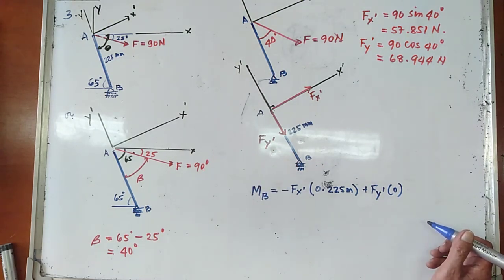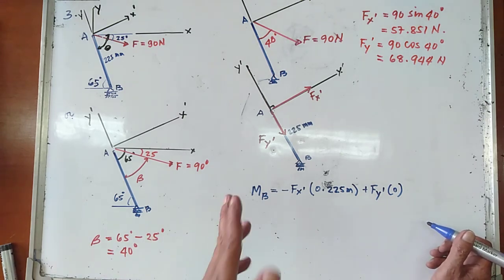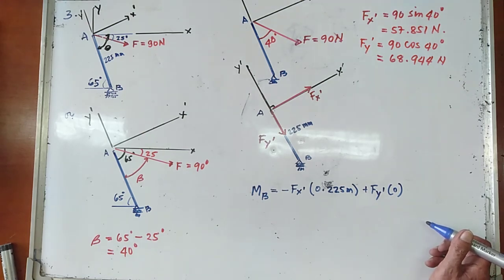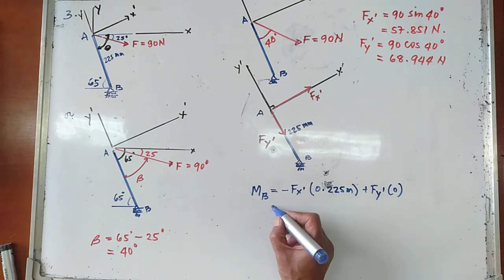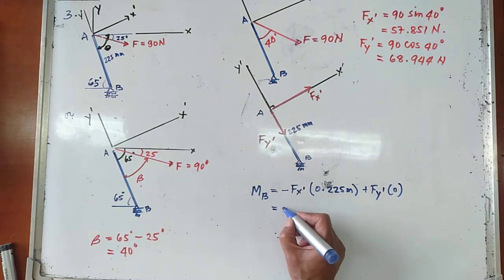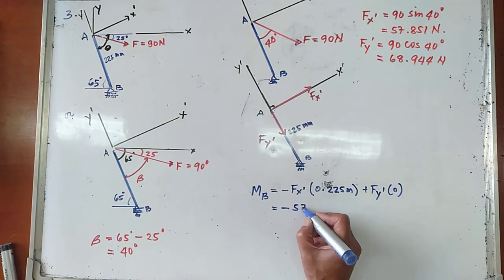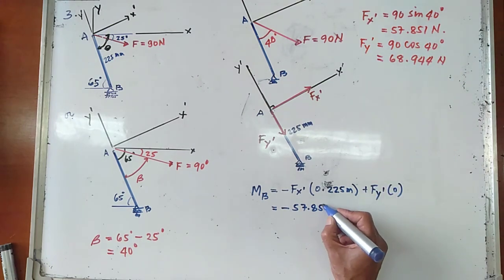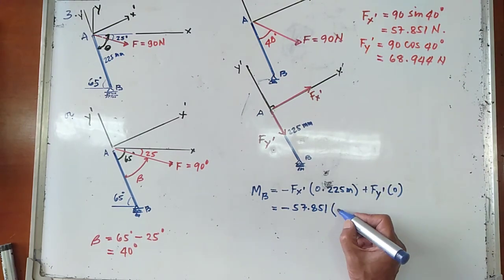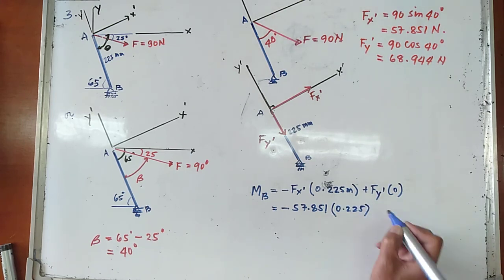Always take note that if a force passes through the moment center, then its moment is equal to 0. So this moment MB is minus Fx prime, which is 57.851 newtons, multiplied by 0.225 meters.